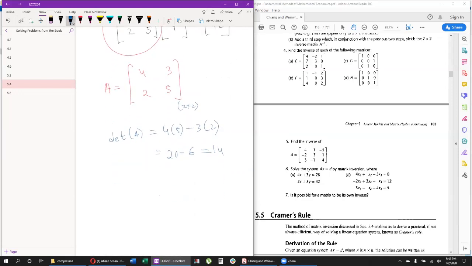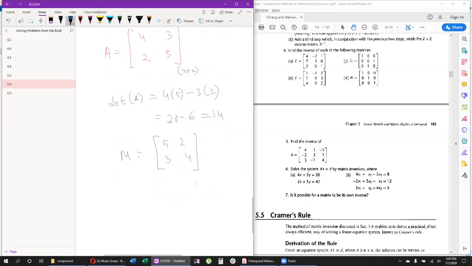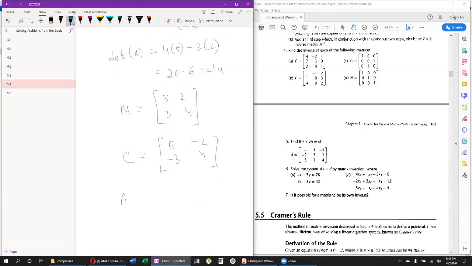Then we have to find the minor matrix. The minor matrix is effectively 5, 4, 3, 2. Then we find the cofactor matrix, which is 5, minus 2, minus 3, 4. Then we find the adjoint of A, which is 5, minus 3, minus 2, 4.